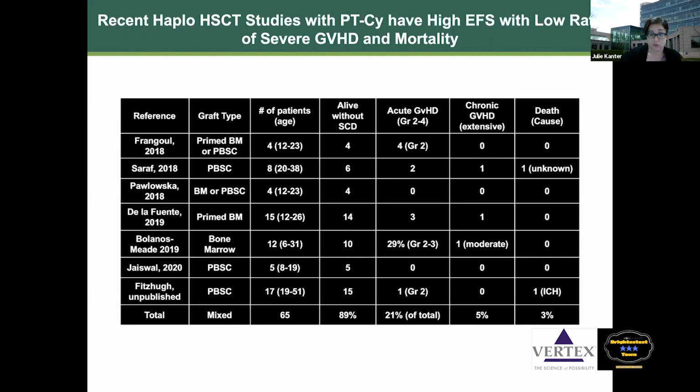So overall, we're seeing 89% of individuals who have undergone haploidentical transplant down here at the bottom are finding that they are now alive and without sickle cell disease. We are still seeing that 21% have graft versus host disease, and some have extensive graft versus host disease. However, these results are still very encouraging.